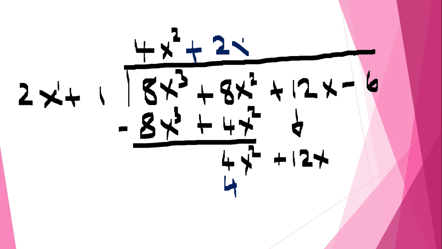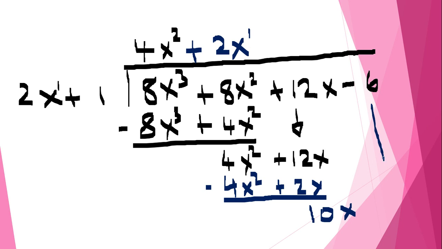So if I have just one x, this should do because x and x will give us x squared. Then we distribute the 2x with the 1, which is simply 2x. Do a subtraction there, that cancels off. 12 minus 2 equals 10x.